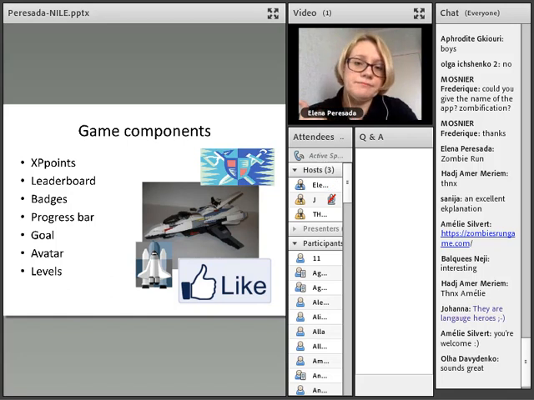In our first game, we used two badges. With these badges also came some privileges. One badge was about, if you've got this badge, you are allowed not to do your homework. I mean, not all the time, but just once. For one lesson, you can come unprepared and still get all the points you were supposed to get for this homework.